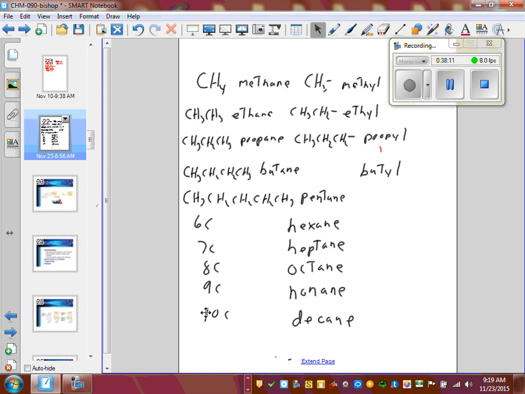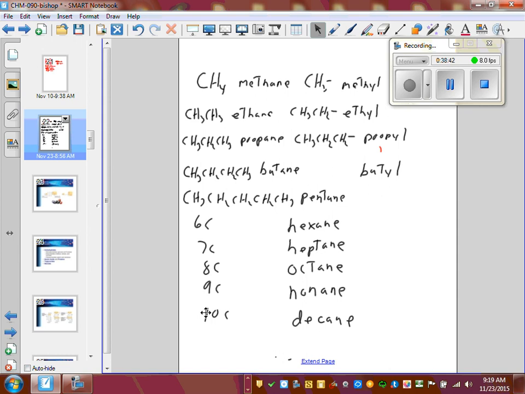So if somebody's talking about a propyl group, they're talking about a group of three carbons attached to it. Really, the first four are methyl, ethyl, propyl, and butyl, or methane, ethane, propane, and butane. After that, the prefixes are pentane, think of pentagon, hexane, heptane, octane, nonane, and decane.